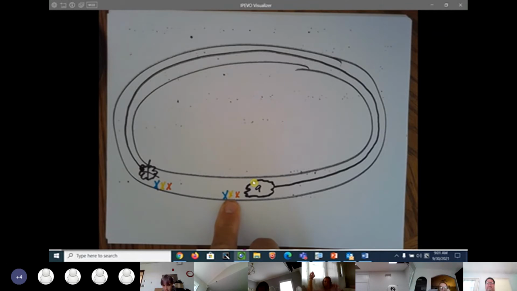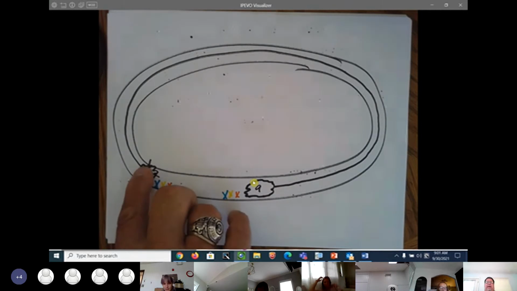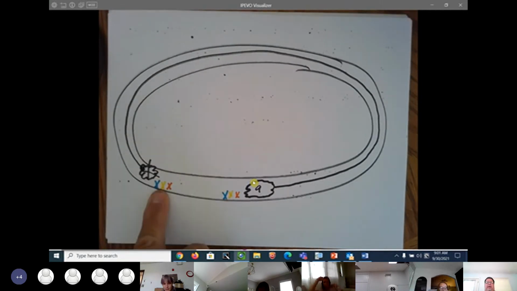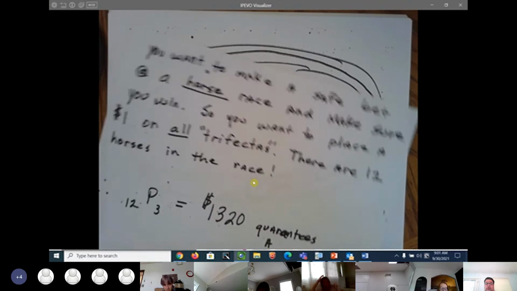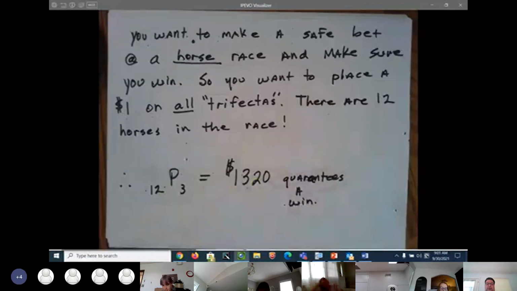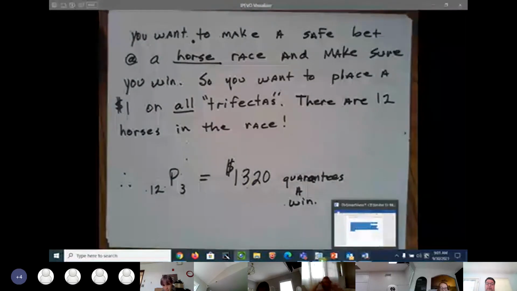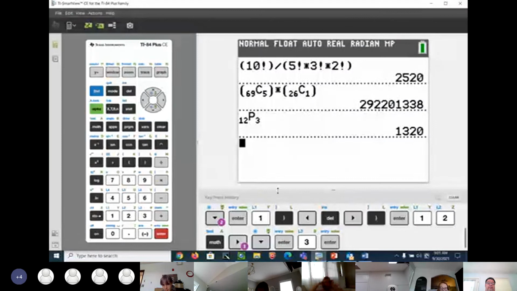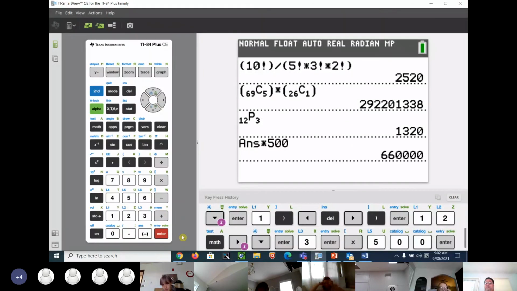So if these 9 horses fall down and these 3 horses come in first, second, and third, and you've got the trifecta bought up with $1,300, you're going to walk out like 50 to 1, 1,320 times 50, or let's say 500 to 1, times 500. You're going to walk out with $660,000.